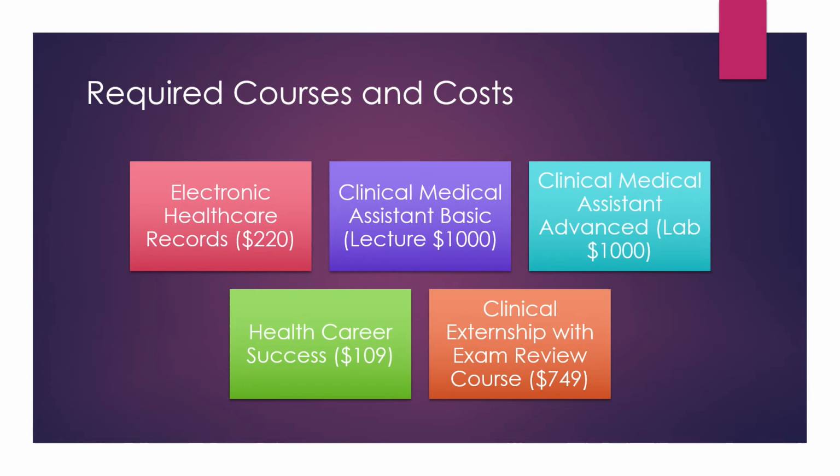Your exam review course is just simply an online self-paced course that will help you prepare yourself for your national certification exam, which will be offered through the NHA. Now, with this particular course that you're signing up for, there also comes with it an access code. The access code is a one-time use code that will cover the cost of your exam.